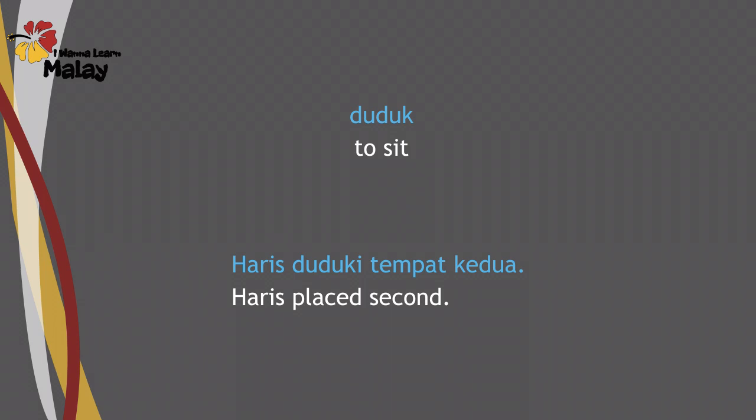So that means Haris placed second. And in most cases, if you have the suffix e, you also have the prefix me in front. Haris menduduki tempat kedua, because generally both the suffix e and the prefix me are used in formal Malay.